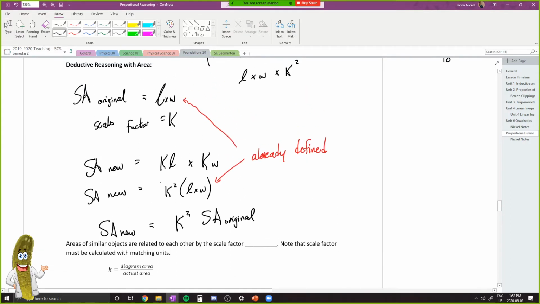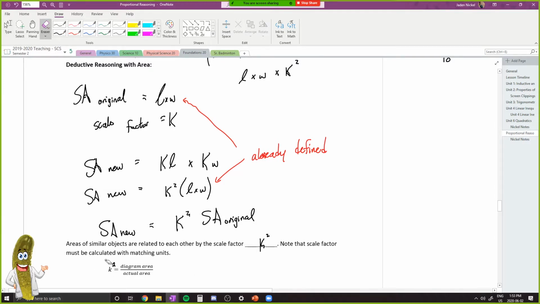So areas of similar objects are related to each other by the scale factor k squared. Note that the scale factor must be calculated with matching units. One of the things that didn't get copied over when I moved this to my OneNote is this should say k squared is equal to diagram area divided by actual area.